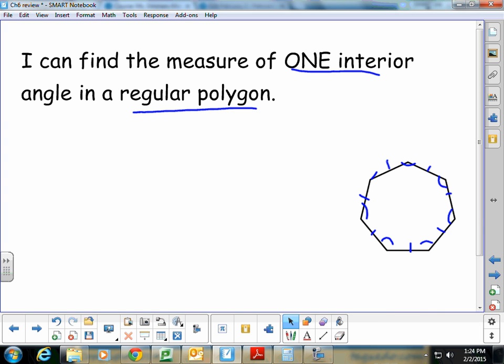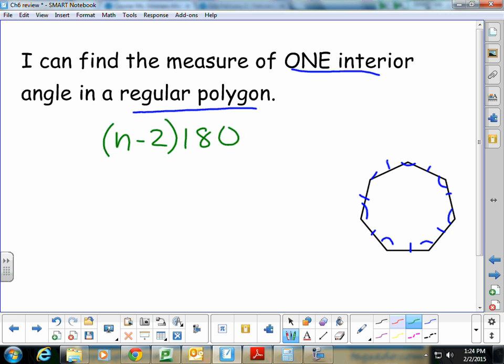So if we're looking for one, that means it's the whole figure. If all of them add up to a certain amount, the sum, and they're all the same, you just divide evenly. So you find the sum of the angles, and then you divide by the number of angles. That's your formula for finding one.